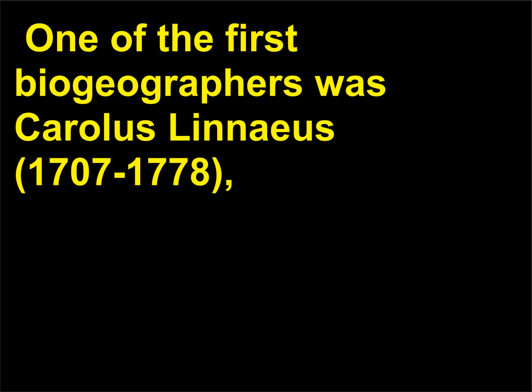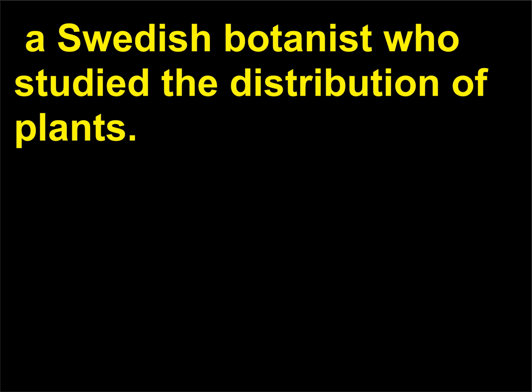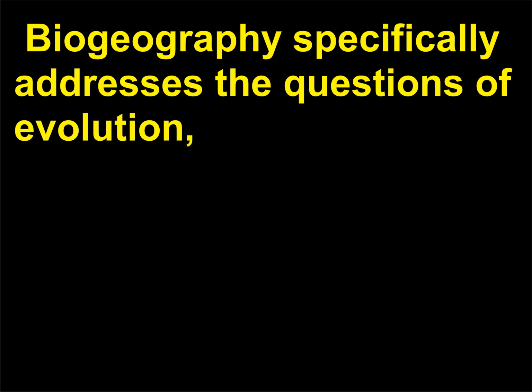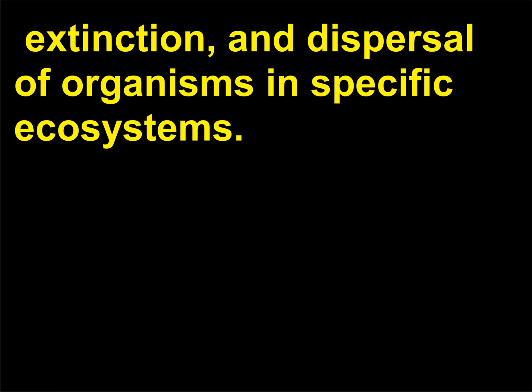One of the first biogeographers was Carolus Linnaeus, 1707 to 1778, a Swedish botanist who studied the distribution of plants. Biogeography specifically addresses the questions of evolution, extinction, and dispersal of organisms in specific ecosystems.